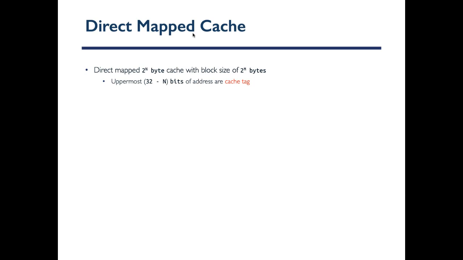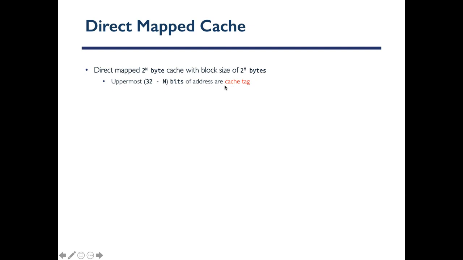So you're going to use the n bits of your address to find the location of that address inside your cache. The rest of it is going to be used as a tag. So 32 minus n will be used as cache tag.